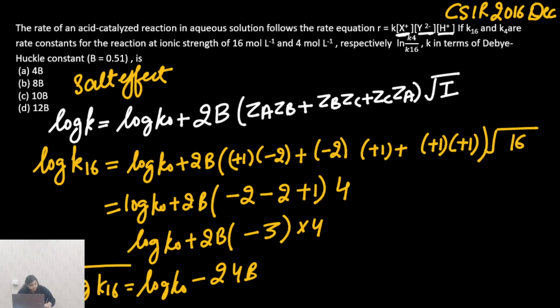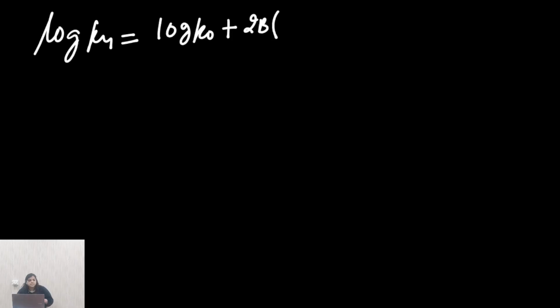Now similarly you can find it for log K4, that is when the ionic strength is 4 moles per liter. So log of K4 will be equal to log of K naught plus 2B times ZA ZB, ZB ZC, ZC ZA, those products, and on solving and substituting we have got minus 3 into the root of ionic strength, which is 4.